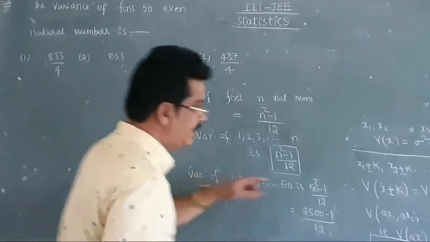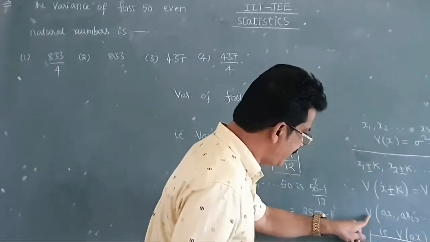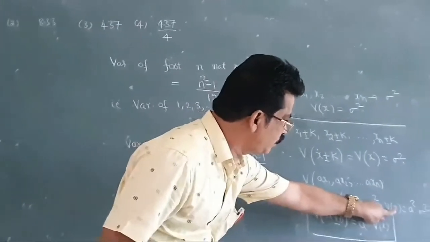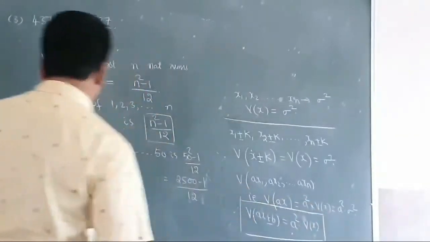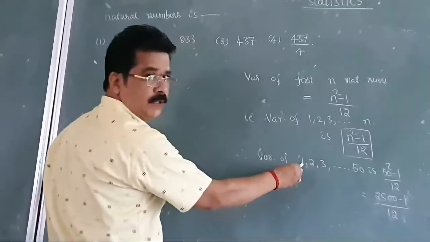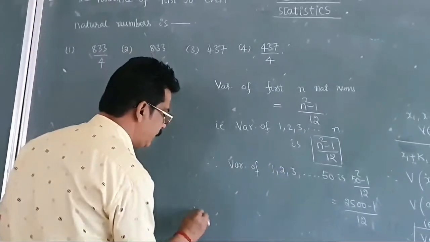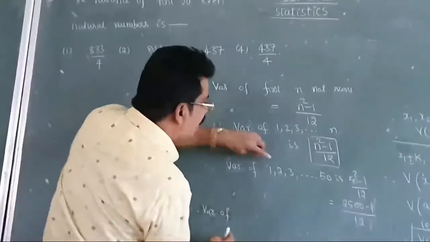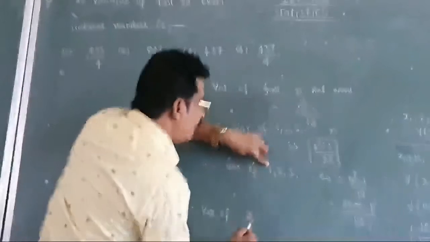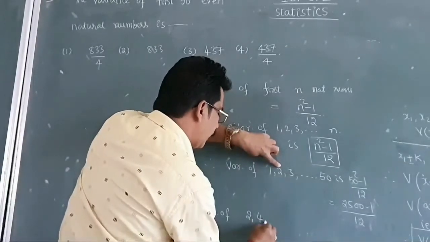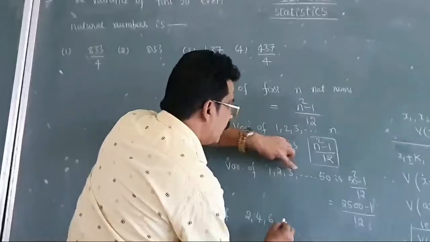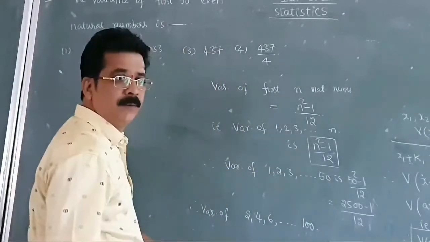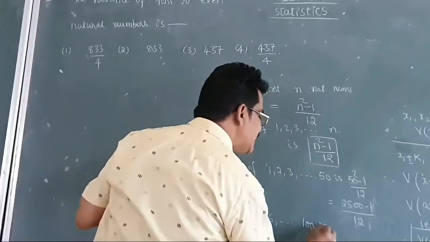Next. What I said here, variance of ax equal to a square into variance of x. So multiply with 2 to each and every observation. Therefore, the variance of 1 into 2, 2 into 2, 4 into 2, and so on, 50 into 2, that is 100.